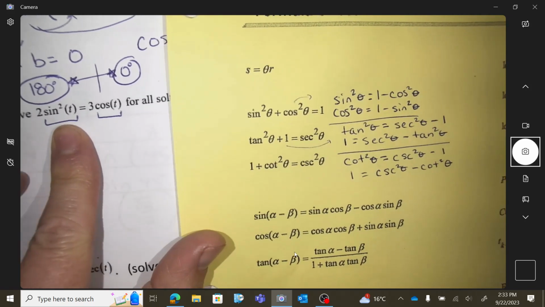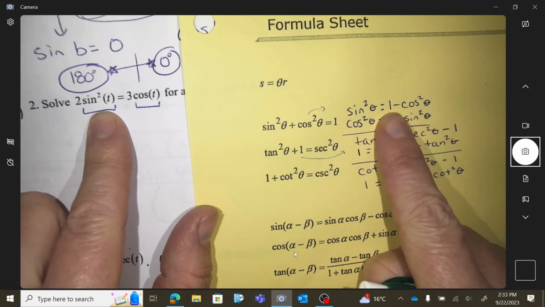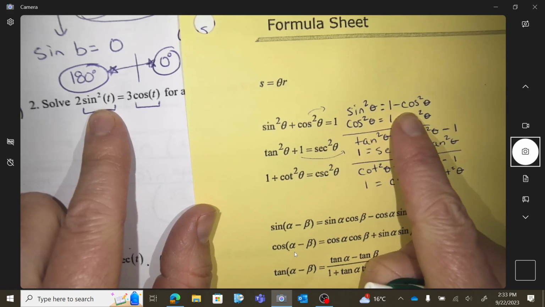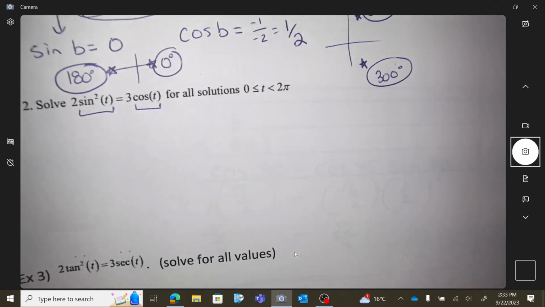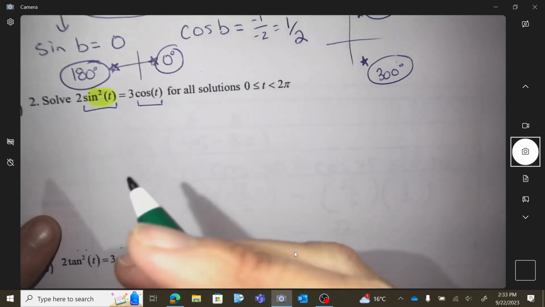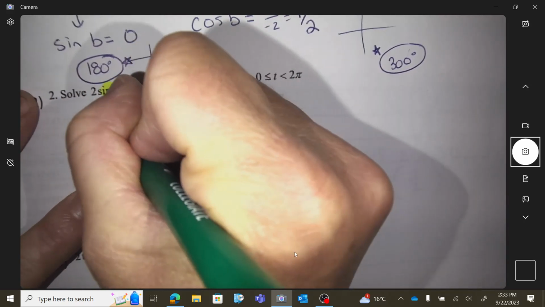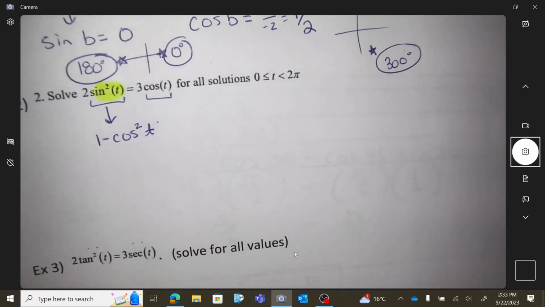So sine squared is equivalent to 1 subtract cos squared. So I'm going to take that and replace it with 1 minus cos squared of t, because that's my variable. Be careful with your variables.